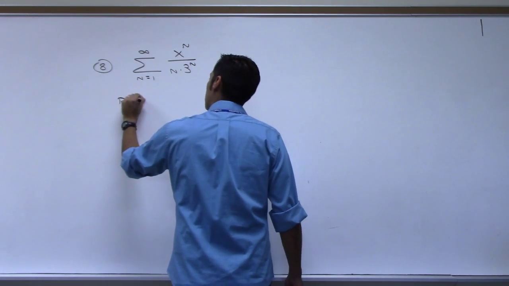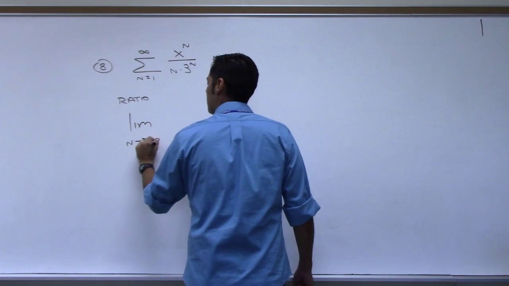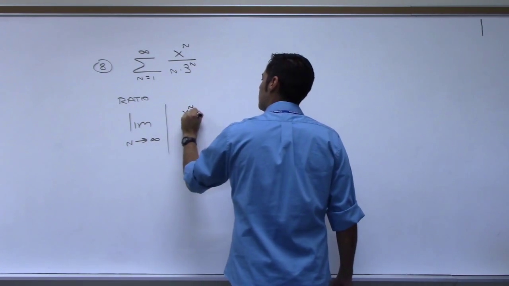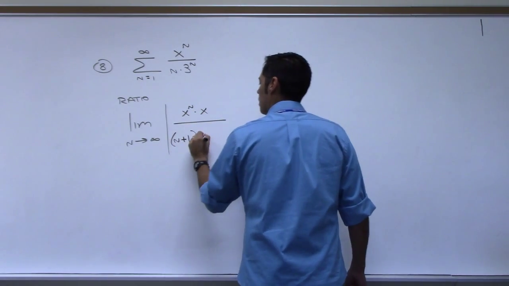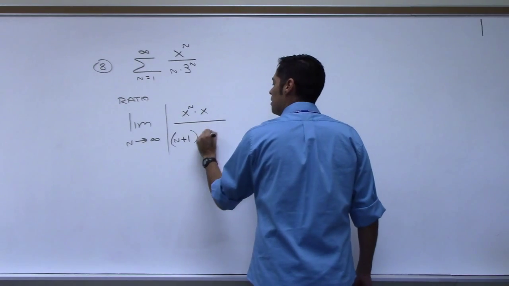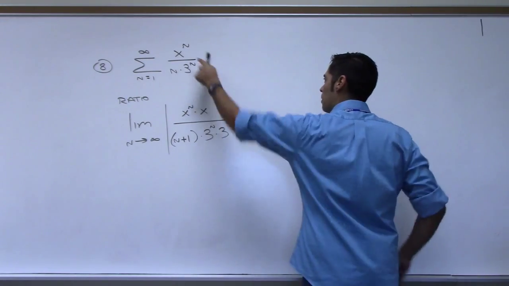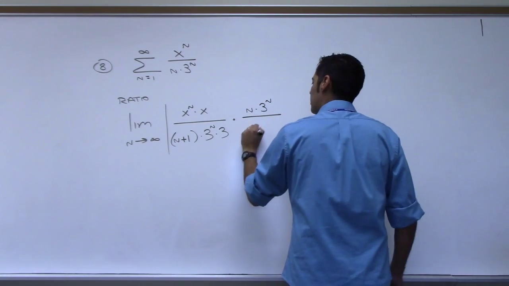Set up my ratio test. Limit n goes to infinity of, see, plug n plus 1 in there, x to the n times x, over n plus 1 times 3 to the n plus 1, which is 3 to the n times 3. And then multiply by the reciprocal of that, so n on top, 3 to the n here, x to the n on the bottom.